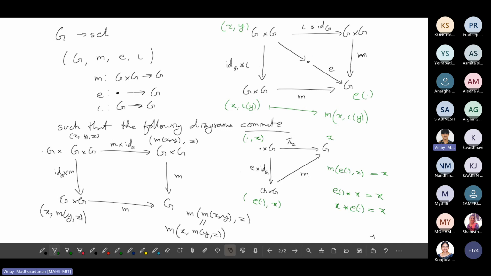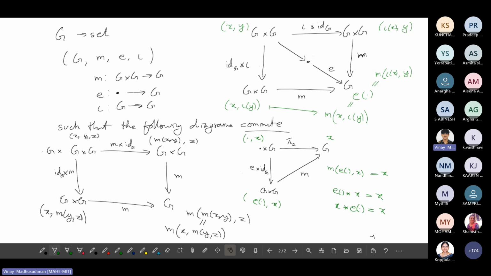Similarly, on the other side, you get M of (I of x, y). Now, to say that this diagram commutes means these two compositions must be equal, which means these two must be equal. So what does it give you?